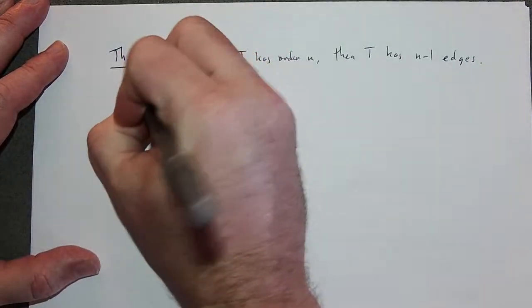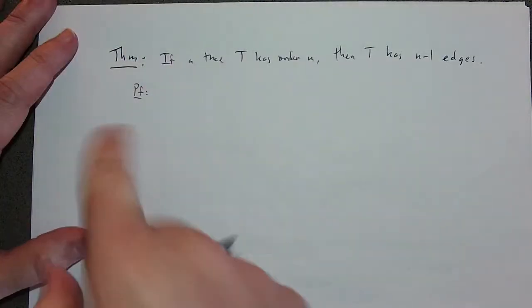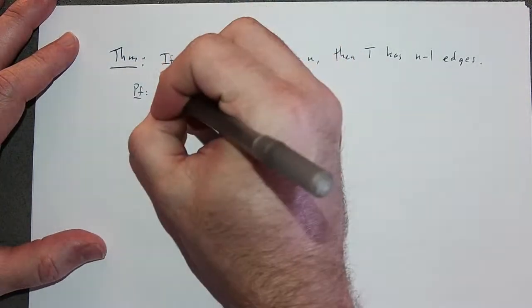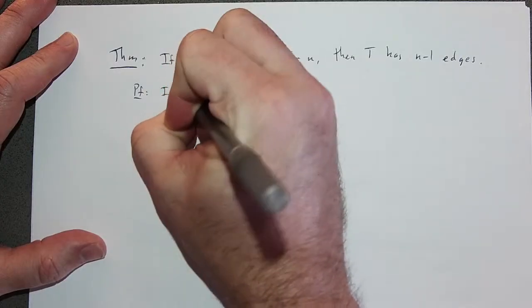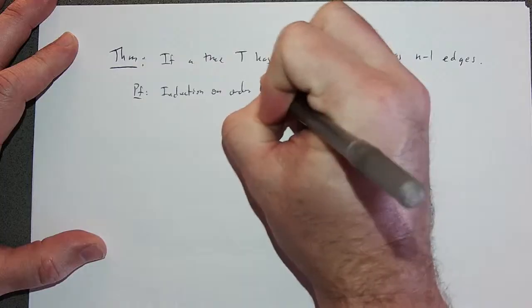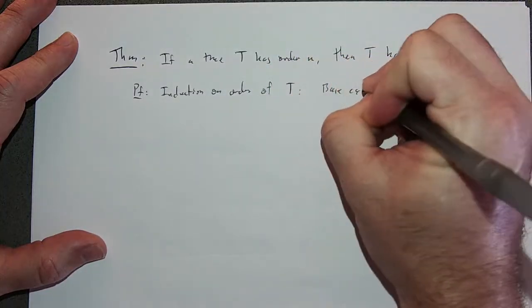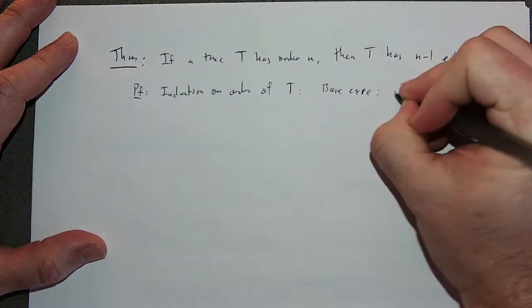And so, how do I prove this? I'm inducting on the order of the tree here. So I want to do induction on the order of T. Base case, n equals 1.